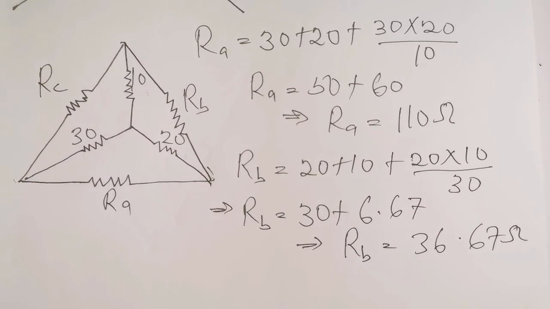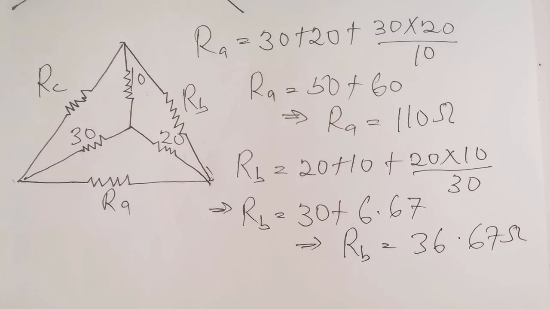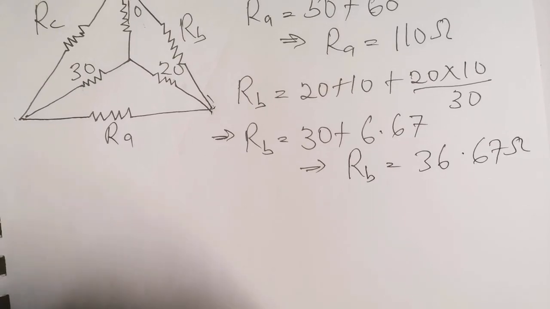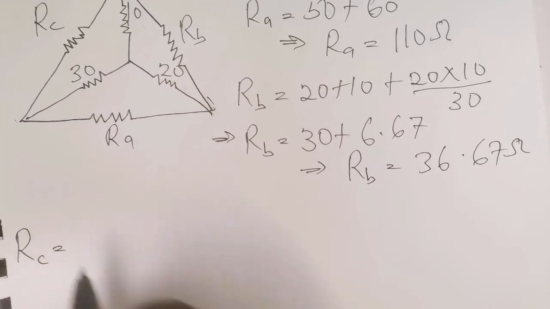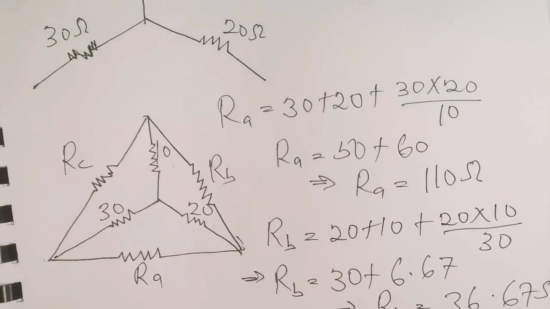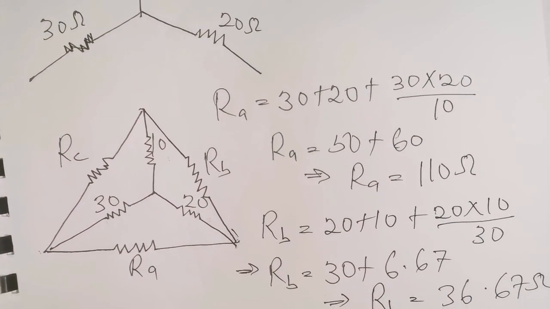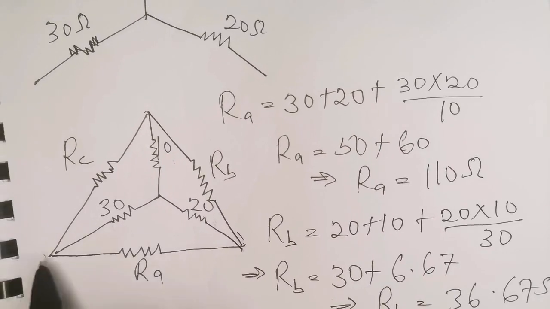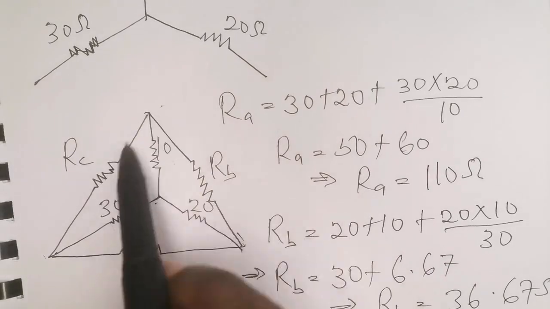Finally, we find RC. It is basically the same approach, so I'm sure you can do this by now. To find RC, you find the loop which forms a complete triangle with RC, which is from here to here to this point.